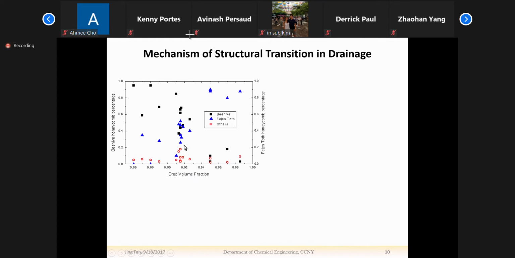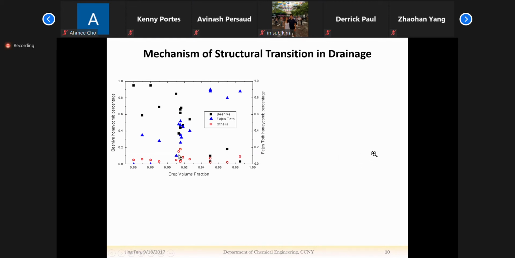And we see that when droplet volume fraction is below 0.952, we have more beehive structure. And when this droplet volume fraction increases even higher than 0.92, we have more Toth structure. Of course, we may have some defects. That's why there are some other structures in the sample, but that's the nature of experiments.